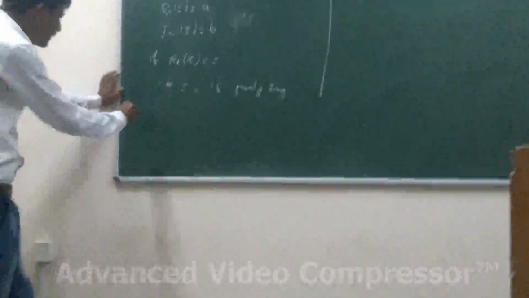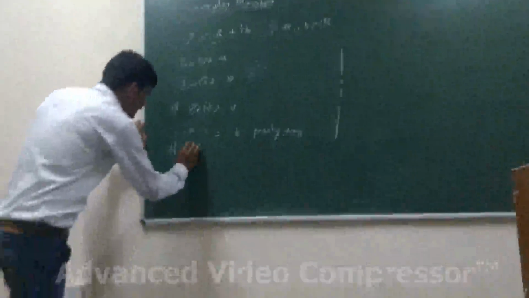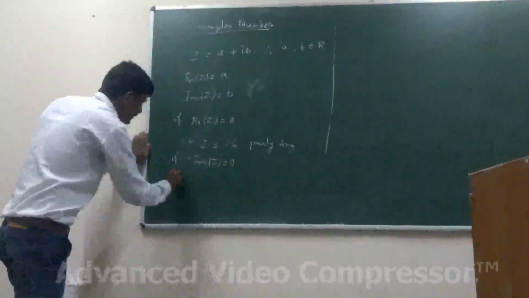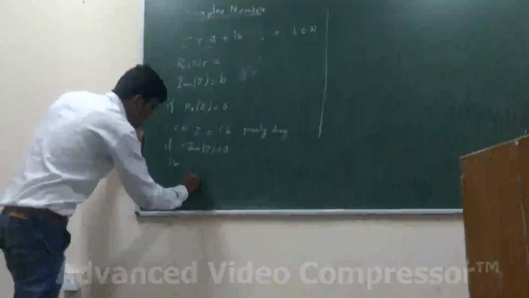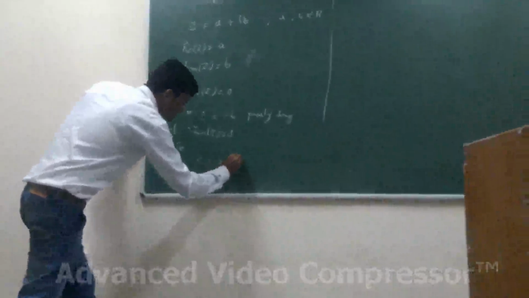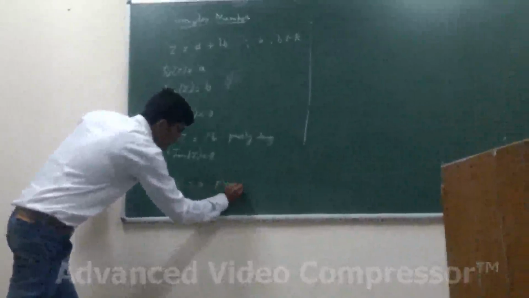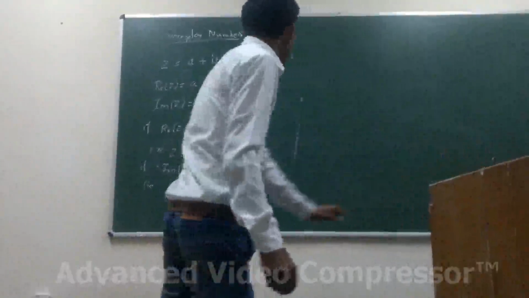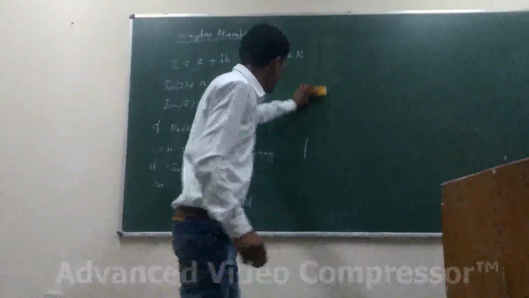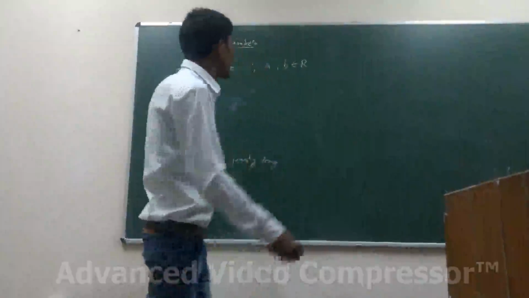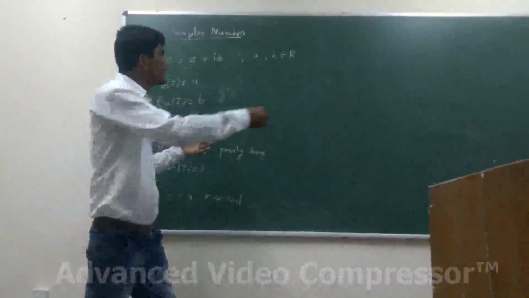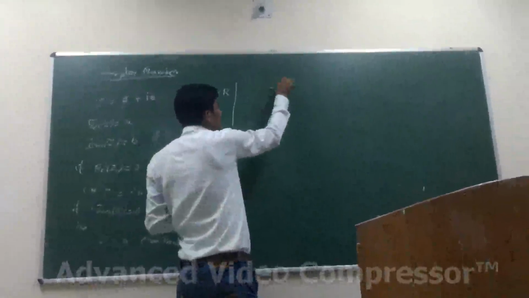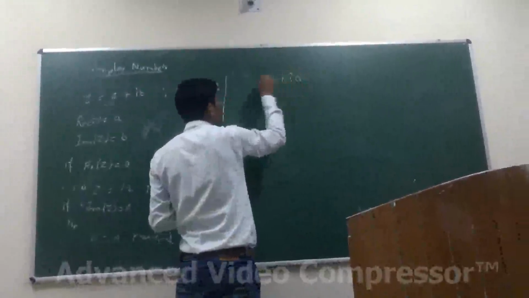And if the imaginary part of z is equal to 0, then the complex number z is said to be purely real. I will take some examples where we can get confused. But before that, I want to tell you about the complex number 0 plus iota 0.